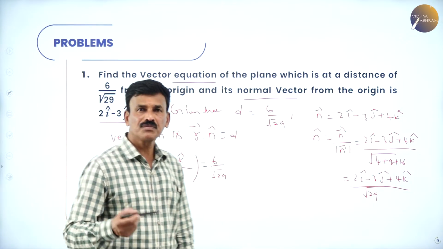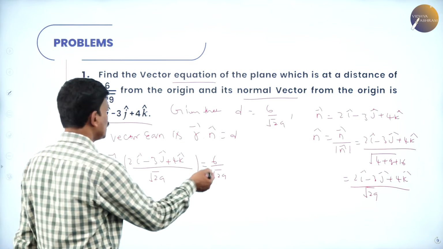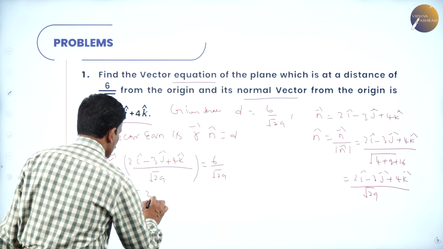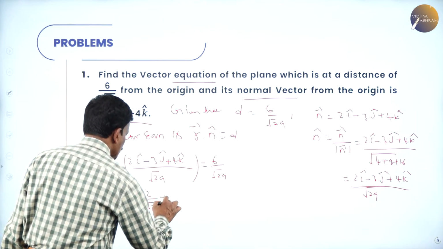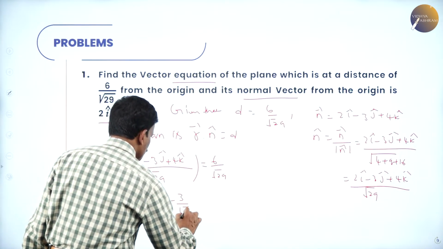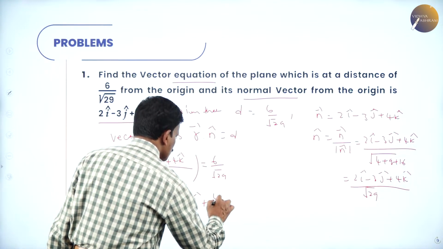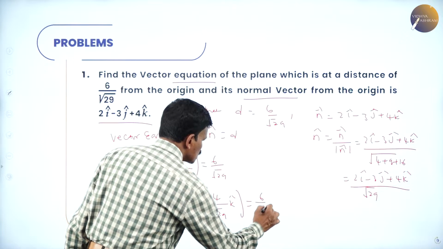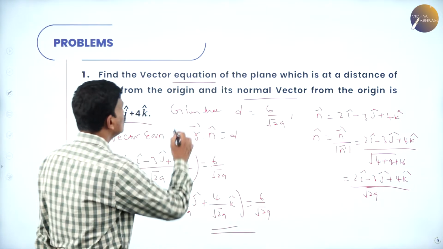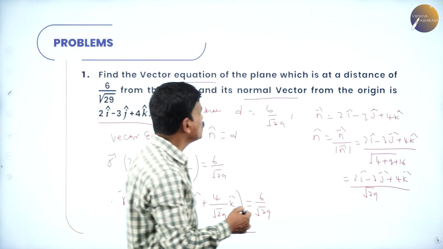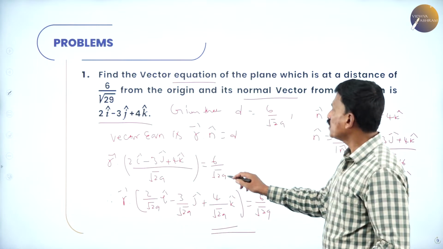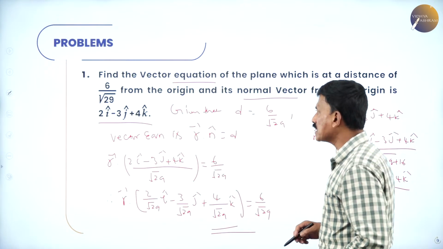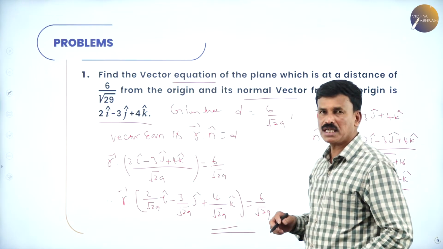So the required equation is vector r dot (2 by root 29 into i minus 3 by root 29 into j plus 4 by root 29 into k cap) is equal to 6 by root 29. This gives the vector equation of the plane which is at a distance of 6 by root 29 from the origin, and whose normal vector is 2i minus 3j plus 4k cap.